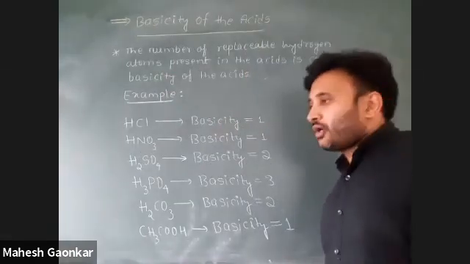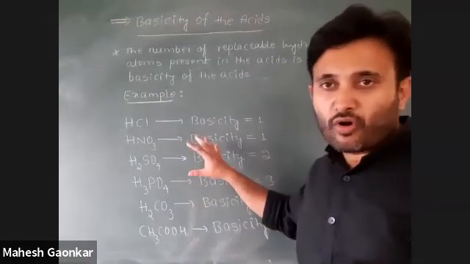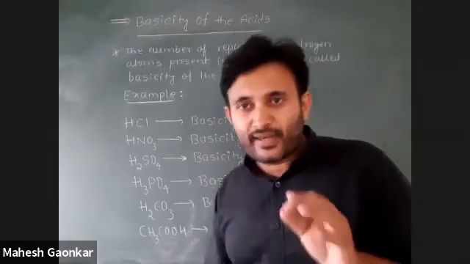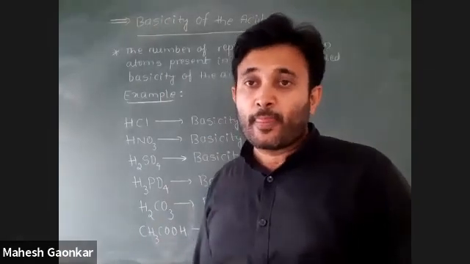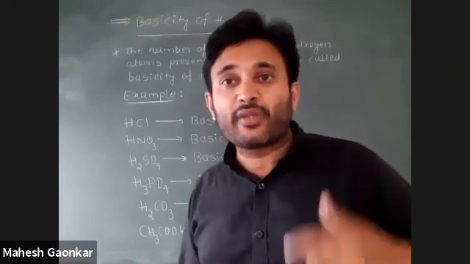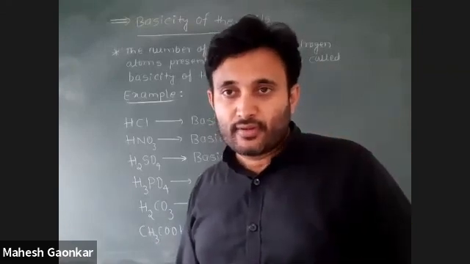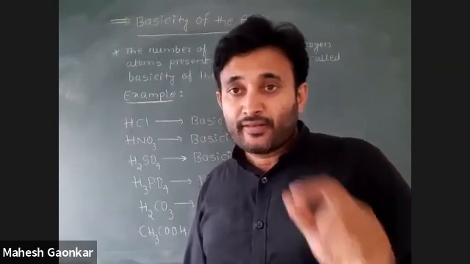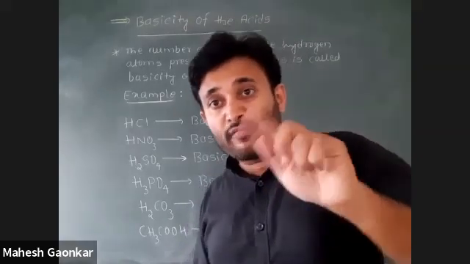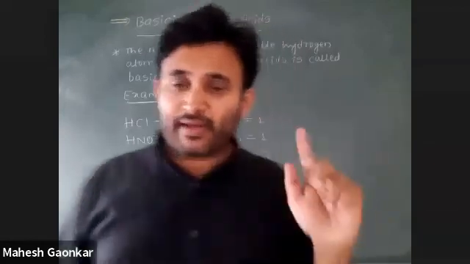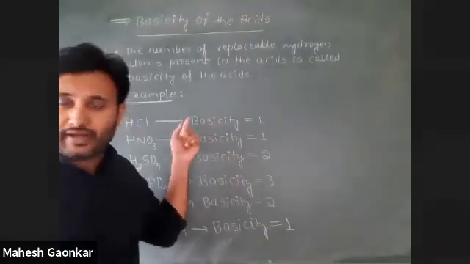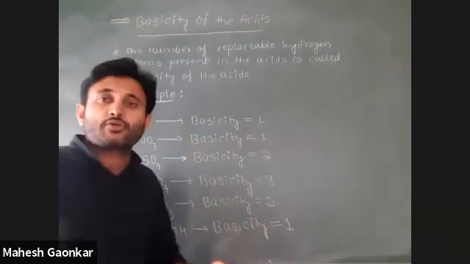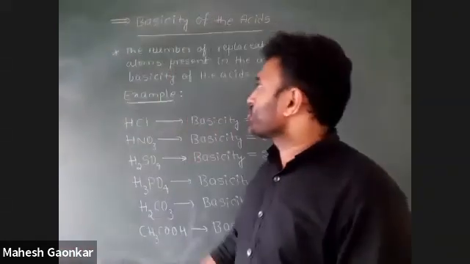Okay. This is called basicity. What do you mean by basicity? When an acid reacts with a base, the basic radical of the base replaces the hydrogen atom present in the acid. So simply you can remember it like this.